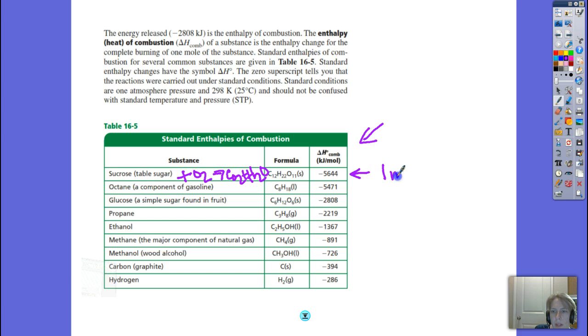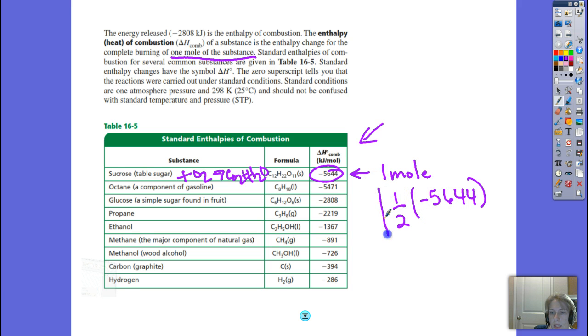So this is 1 mole will give you that much. And as we see, the enthalpy, or heat of combustion, is the enthalpy change for completely burning 1 mole of the substance. So this number right here is going to change based on the number of moles. So if I had half a mole of sucrose that I was burning, it's actually going to be half of this 5644.